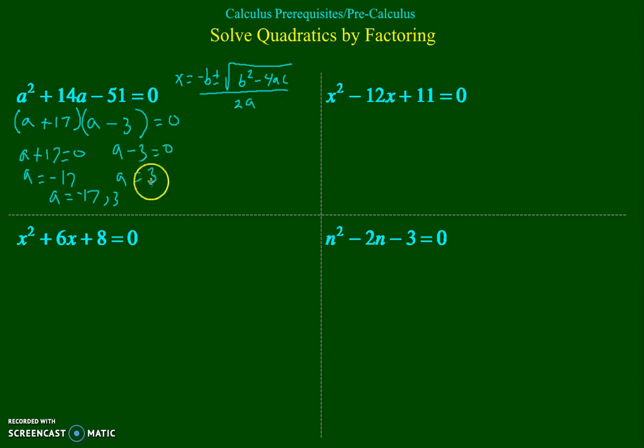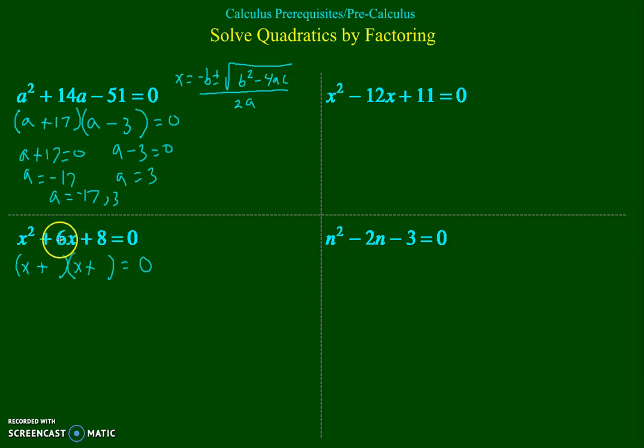All right, let's move on to the next problem. First, we want to factor it to get our individual factors. So here we have 2 linear factors again. This time we have a positive sign here, so both of these signs are going to be the same, and they're going to be that sign. So we have an x plus and an x plus.